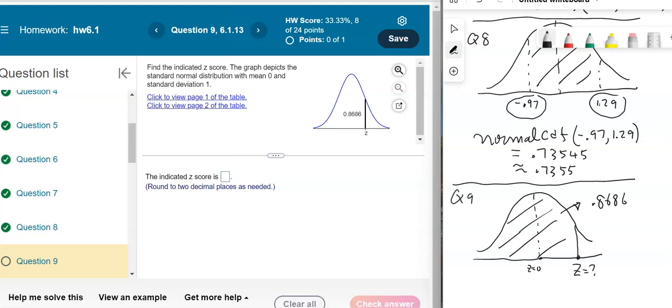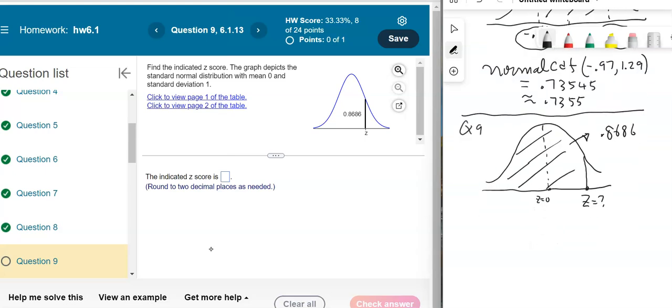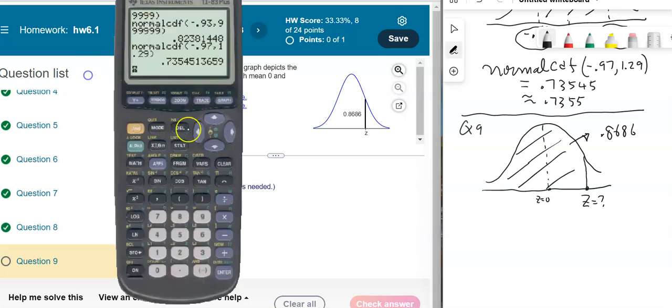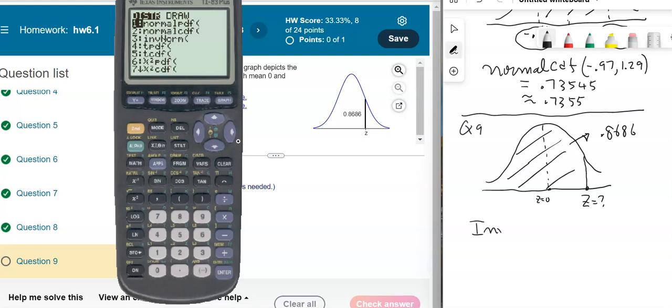For the calculator, second bars, you use inverse norm, INVNORM, and type the area to the left, 0.8686.